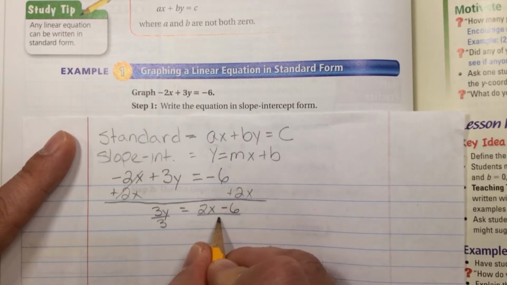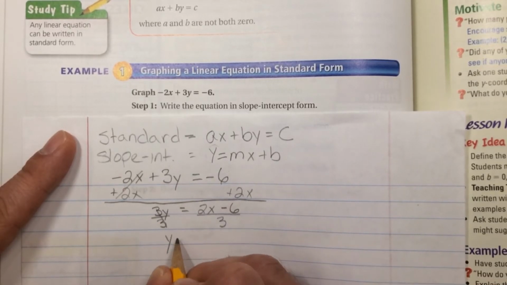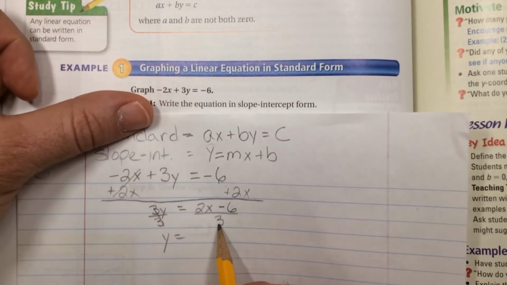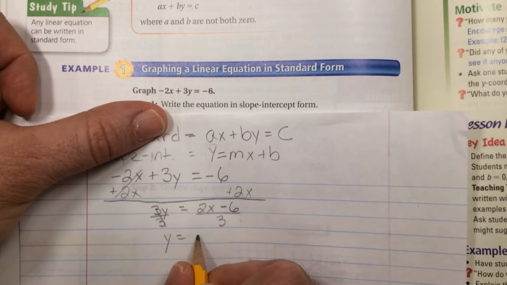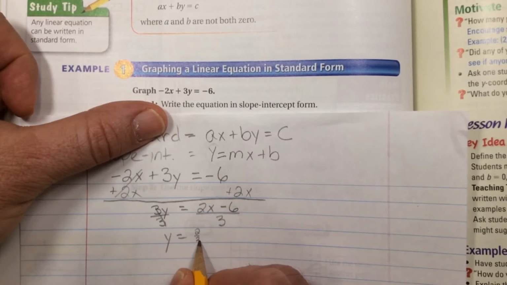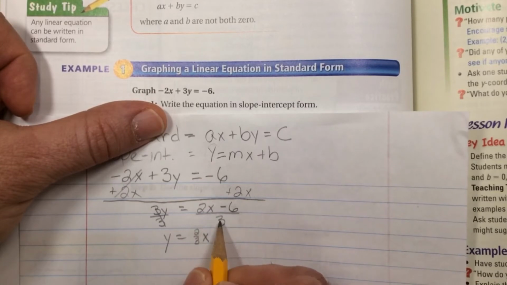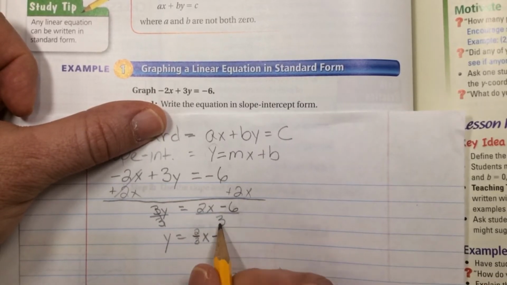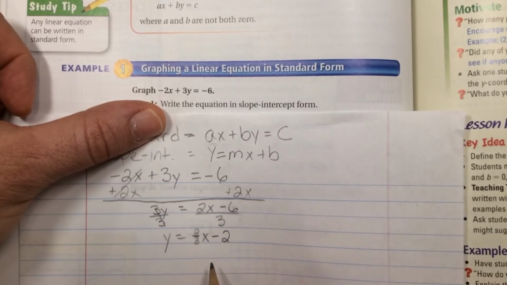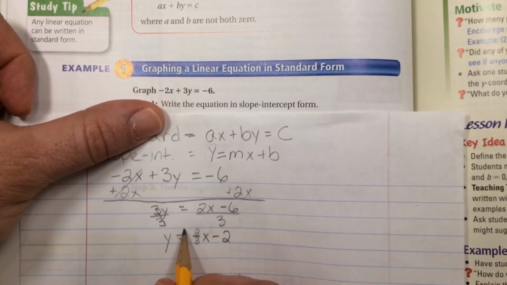Dividing this whole thing by 3 is the same as dividing each of these terms by 3. 2x divided by 3 gives us 2/3 x, and then minus, 6 divided by 3 is 2. There we have slope-intercept form.